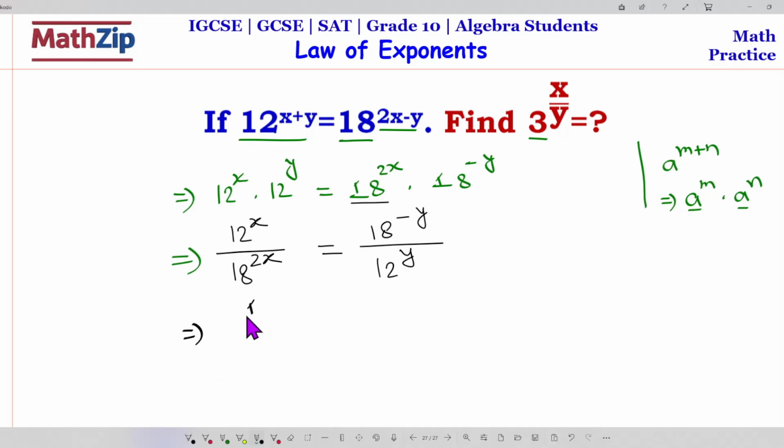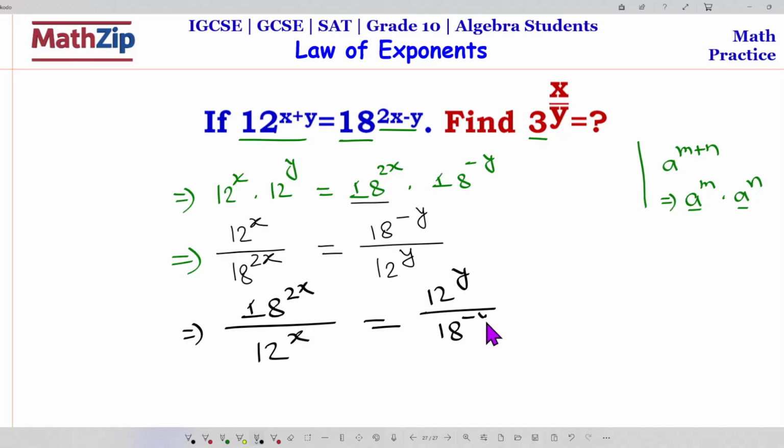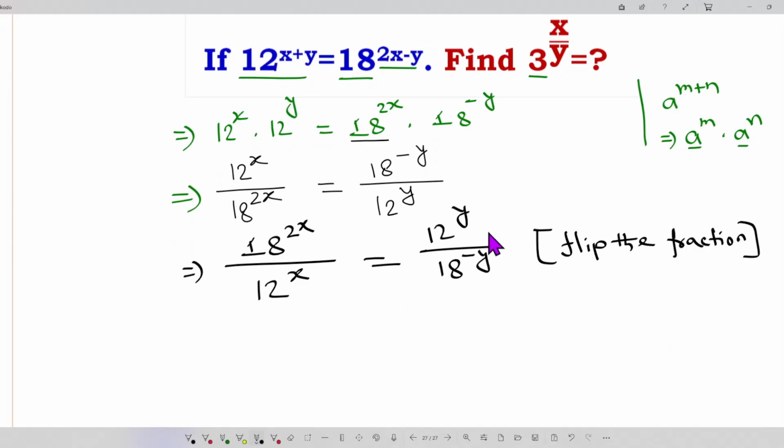It means 18 to the power 2x divided by 12 to the power x equals 12 to the power y divided by 18 to the power minus y. Flip the fraction, because it will help us to make the solution.